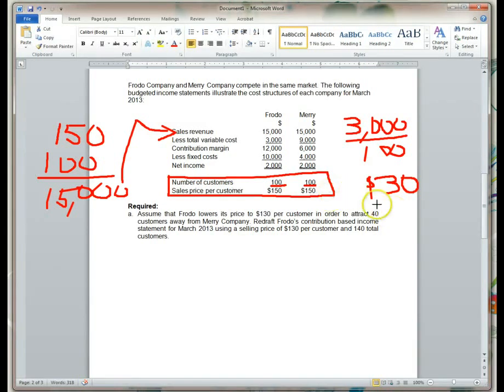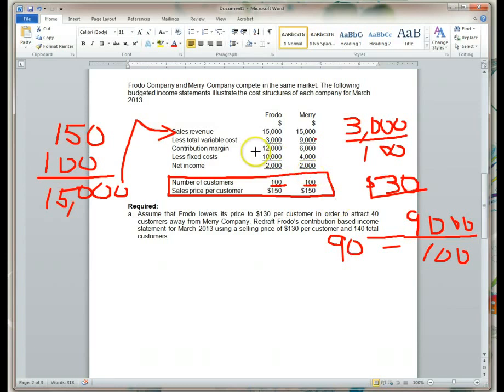Makes sense. Now for Mary, Mary's got $9,000 in variable cost, and that serves 100 customers, so his variable cost, also known as variable cost per unit, should be $90.